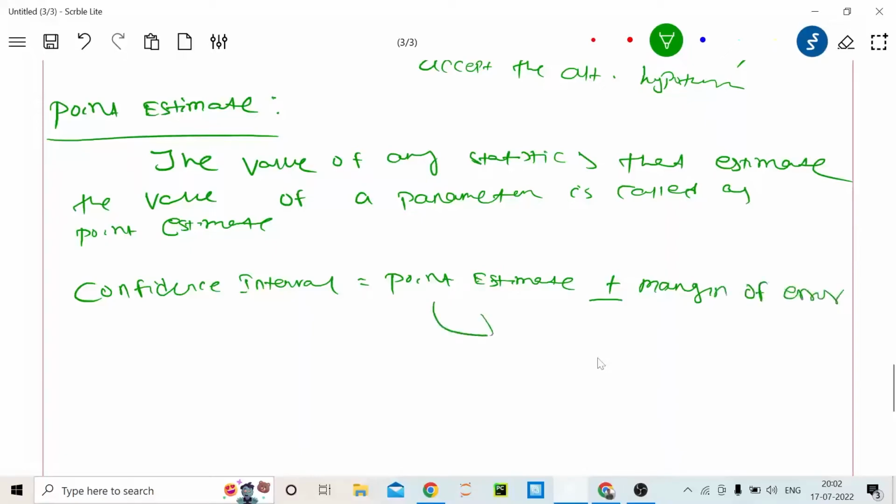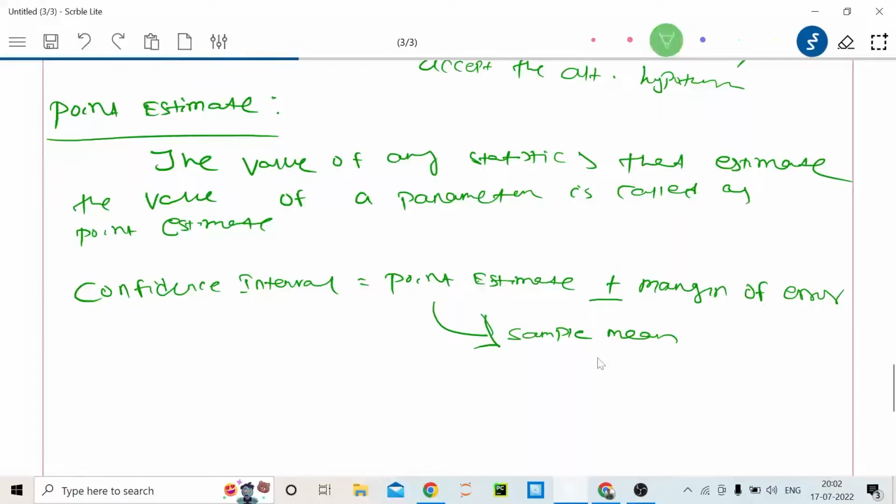Your point estimator is your sample mean, that is, the value of a statistic that estimates the value of a parameter. Your parameter may have a distribution. If from that distribution you get a point estimate, that means your sample mean, in that case we can derive the confidence interval.